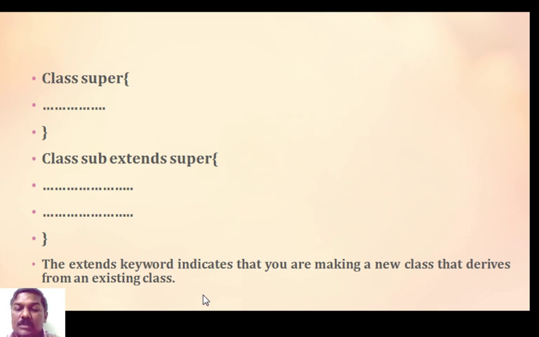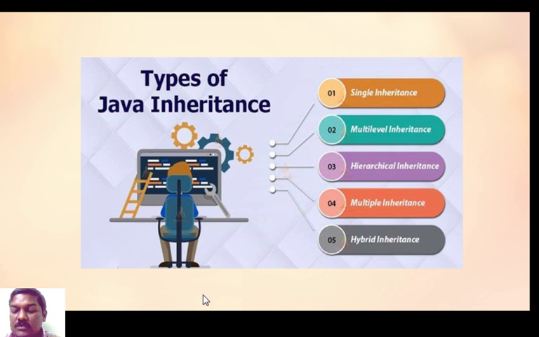So how are we going to extend it? By applying the keyword called extends. Class sub is the derived class which extends the basic functions of the base class, that is called superclass. So within this we are able to access the basic concepts of superclass, and additional features can also be included. So this is the main concept of inheritance.